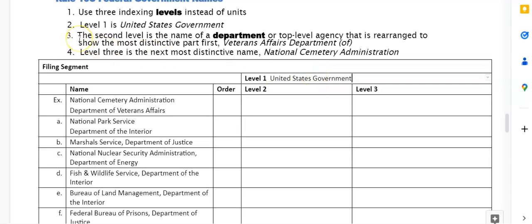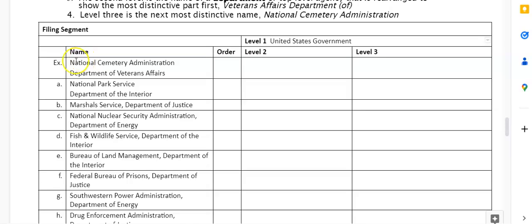Okay, so next we need to figure out the second level. Remember, the second level is the name of the department or top level agency. So if we have National Cemetery Administration, Department of Veterans Affairs, this is what we want to focus on for level 2.